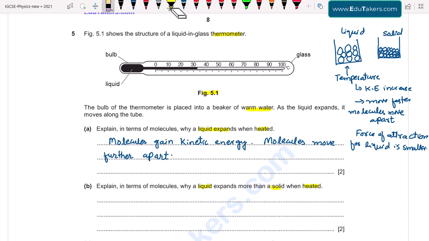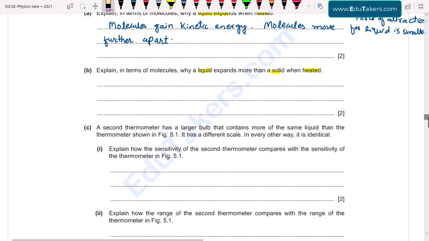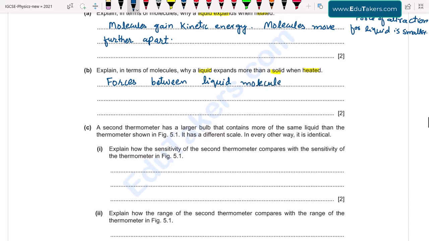So I write here: forces between liquid molecules are weaker as compared to solids. And less energy is required to separate molecules.